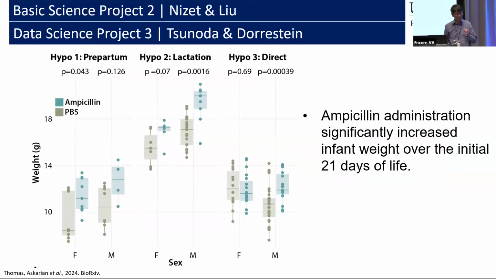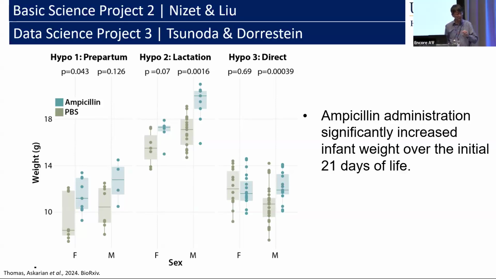From the last part cycle, one of the most salient findings we had was that the infants that received the antibiotic prepartum or postpartum through lactation all gained weight. And this is significant if you look at it across the board. In every single case, there's a weight gain in association with the antibiotic, just a couple of doses. That was sufficient to do it.